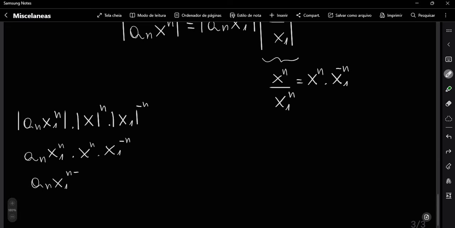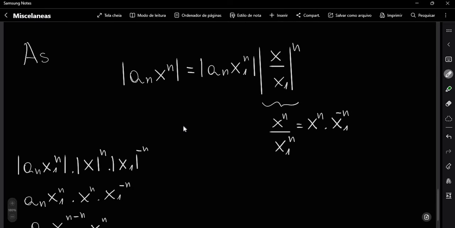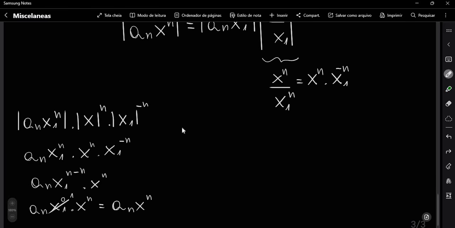Right here is minus n times n. So a_n, x1 to the 0, x to the n. So this is 1. So you return to the left side of the equation of this expression. Okay.